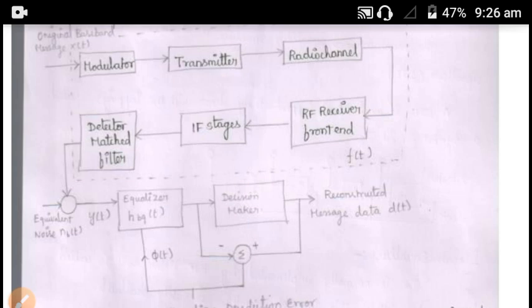Then it is at the receiver side: RF receiver front end, then IF stage. So here x(t) is the original signal information, then it passes to the transmitter, then to the radio channel, then to the RF receiver front end, then IF stage, then detector and matched filter, where noise is added. Then on the receiver side the equalizer is there to check the errors.